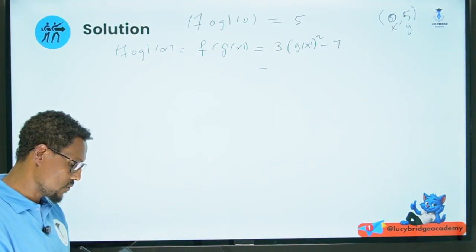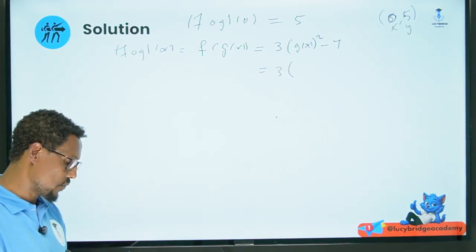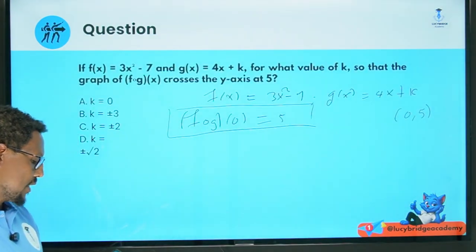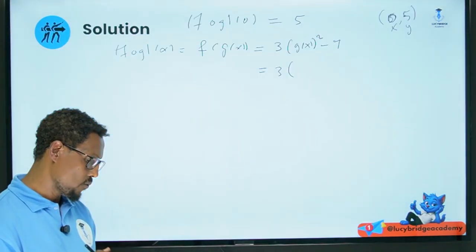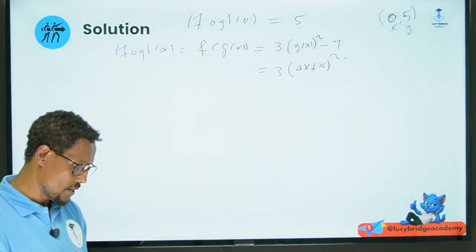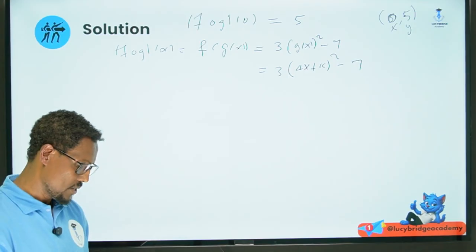Which is equal to 3 times what is g of x? g of x means 4x plus k. So 3 times (4x plus k) squared minus 7.